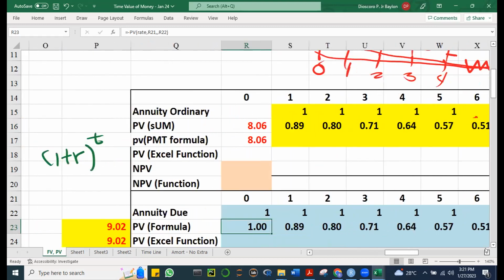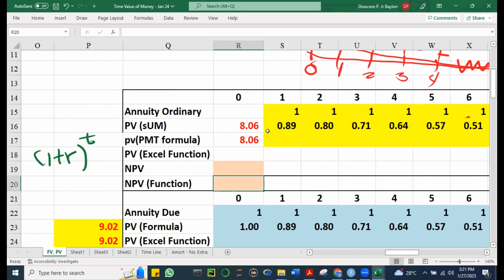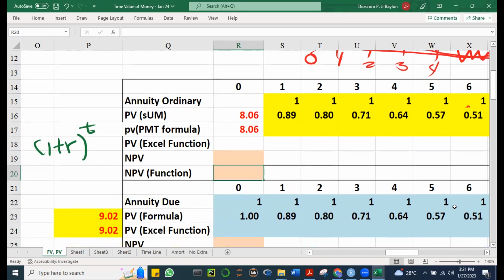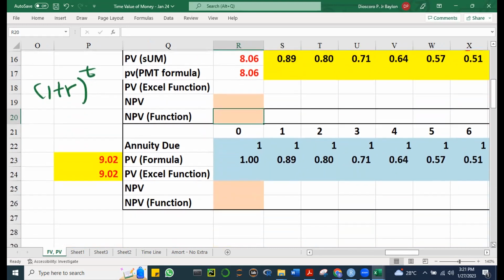Now use the NPV function in order to compute for the present value of this annuity ordinary, versus this annuity due, annuity of 1. I'll give you a minute, please.